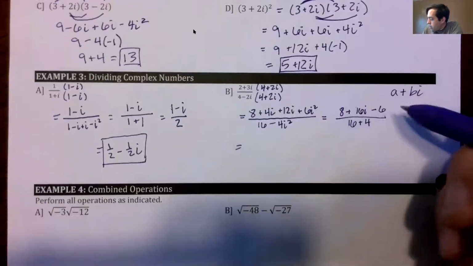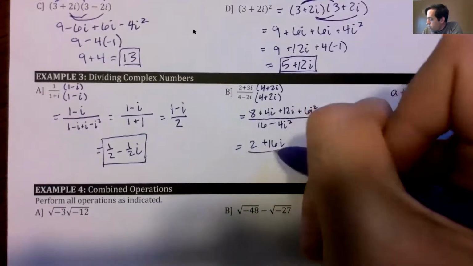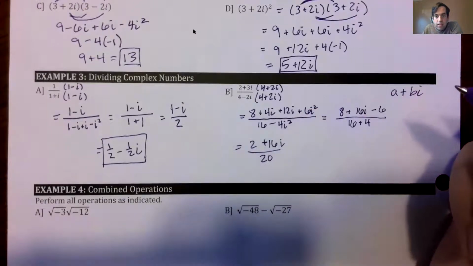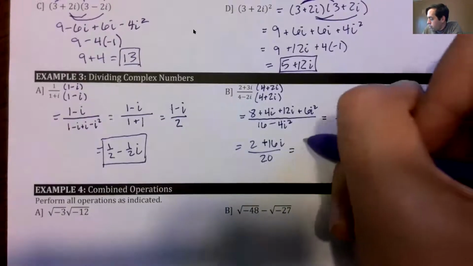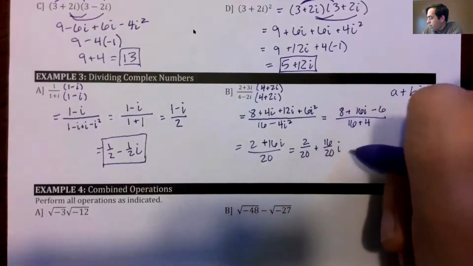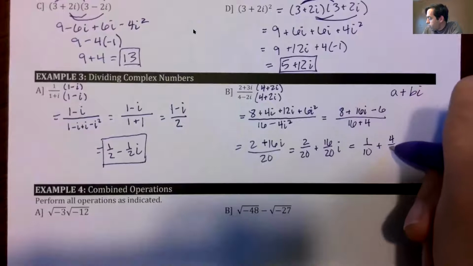Next step, 8 minus 6 can be 2 plus 16i. And on the bottom, we have 20. All right, so last step, I'm going to separate this so that it's really in the form of a complex number. So we have 2 over 20 plus 16 over 20i, which can reduce to 1/10 plus 4/5 i.